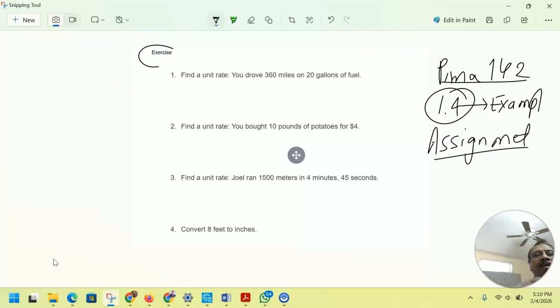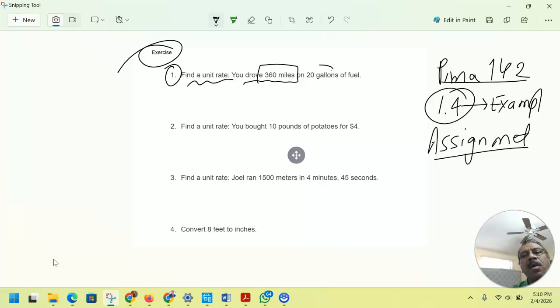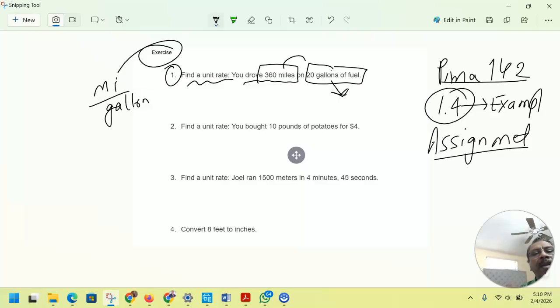So exercise. The first one, find the unit rate. If you drive 360 miles on a tank of 20 gallons, the question is for each gallon, how many miles? So naturally we need the miles up and the gallons down. This is the rate, and the rate is given: 360 miles divided by 20 gallons.